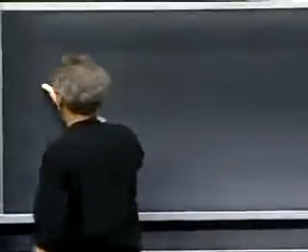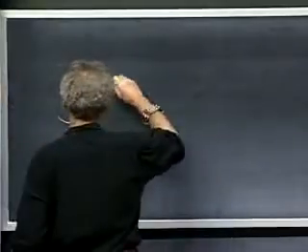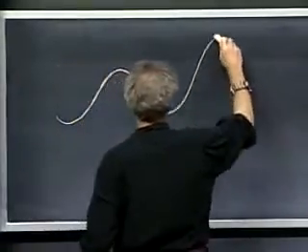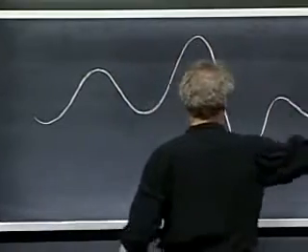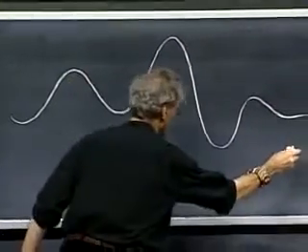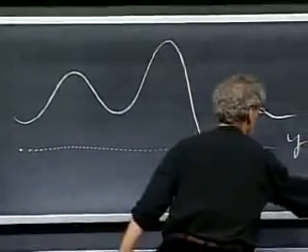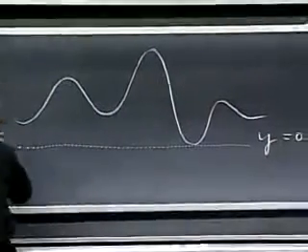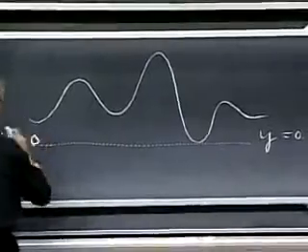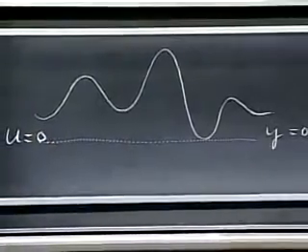Suppose I have a curved surface, literally a surface here, which sort of looks like this. I call this arbitrarily y equals 0, and I could call this gravitational potential energy u equals 0 for that matter.